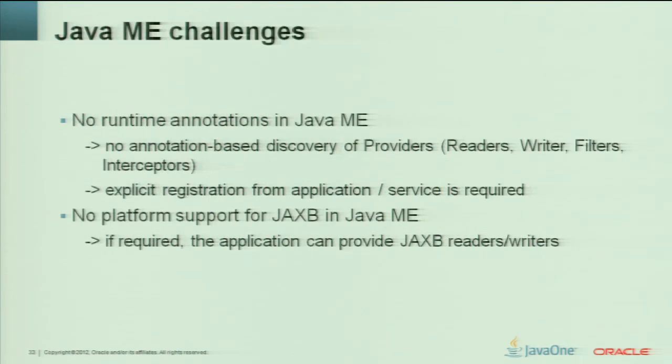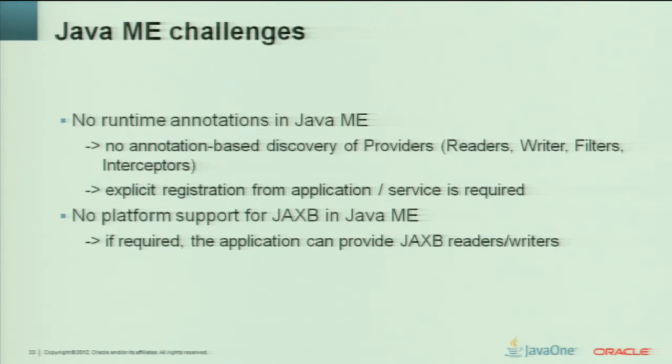There have been a couple of challenges on Java ME. For example, we don't have runtime annotations in Java ME. We just have the compile time annotations. And so we cannot do annotation-based discovery of providers. We need to have explicit registration from the application or from the service here. That's an implementation detail.